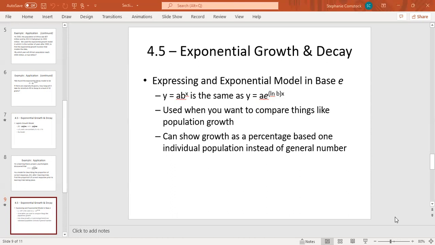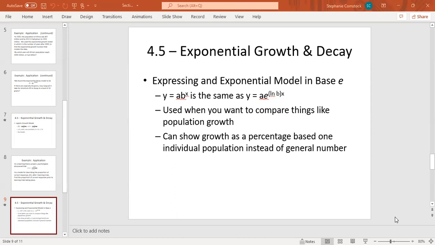So for example, if I had two countries, let's say China and Luxembourg, 1 million people is not the same in those two countries, as far as population amount. If we saw an increase of 1 million people in China, that may be a very, very small percentage.